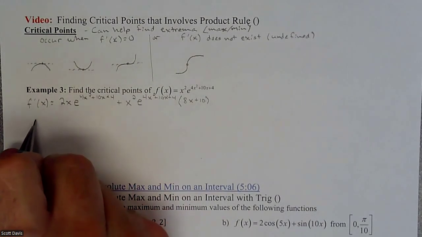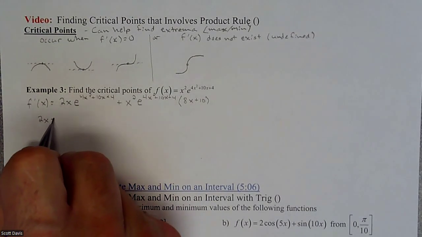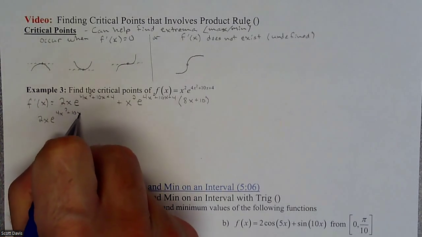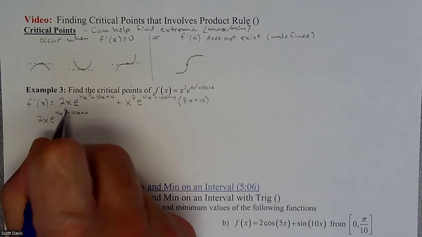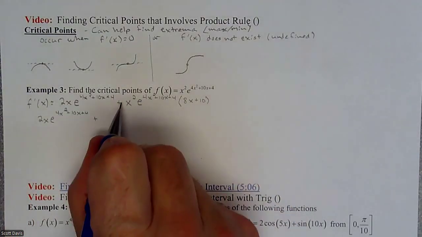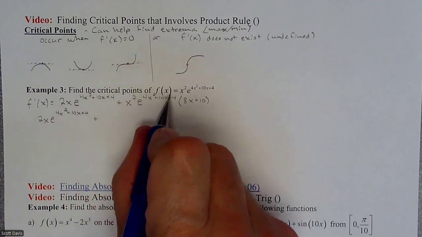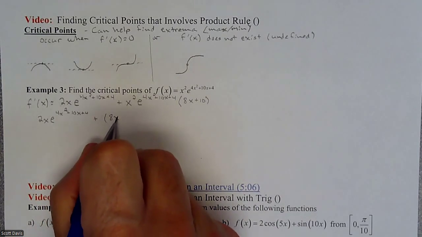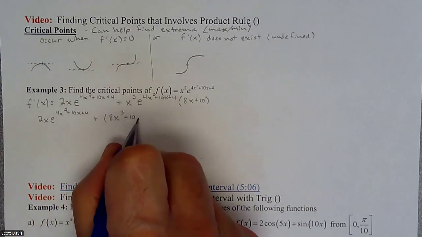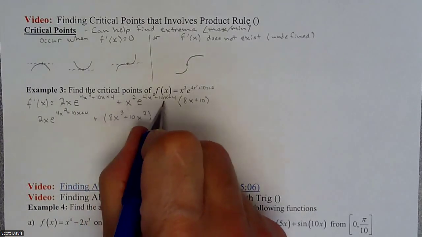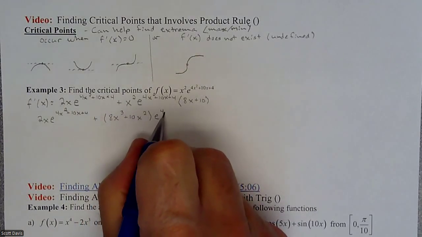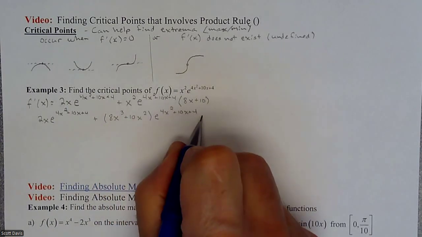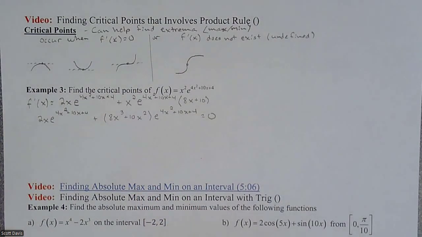So here's our first piece: we have 2x e to the 4x squared plus 10x plus 4, plus, if I multiply this in, I'll get an 8x cubed plus 10x squared, times that exponential, e to the 4x squared plus 10x plus 4, and we're setting that equal to 0.